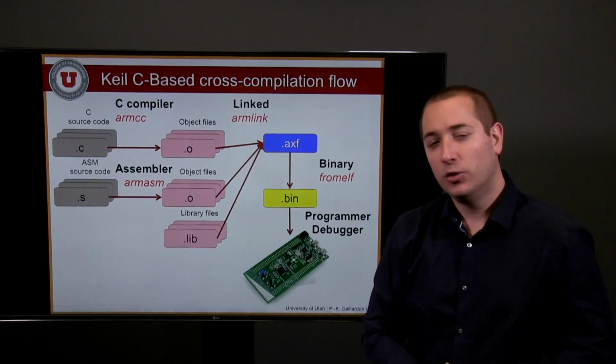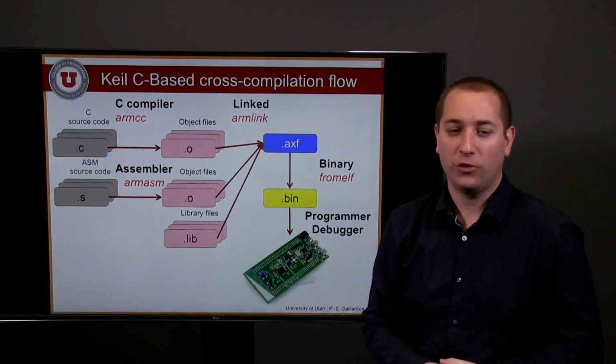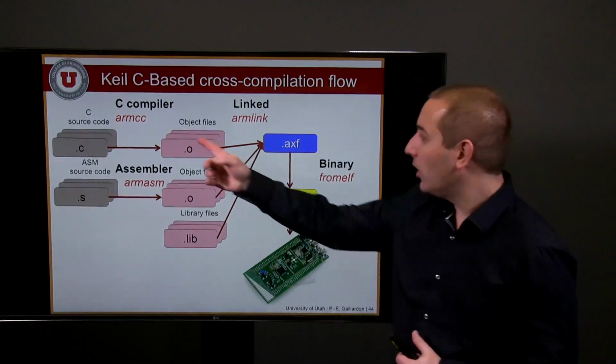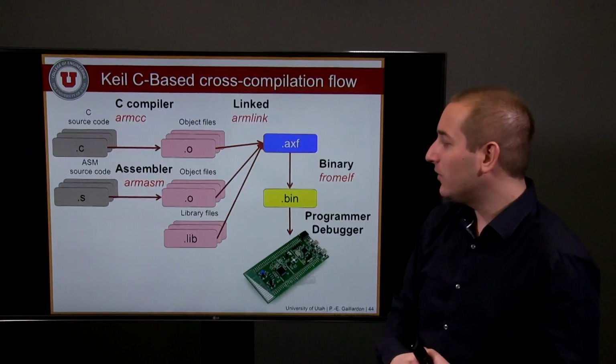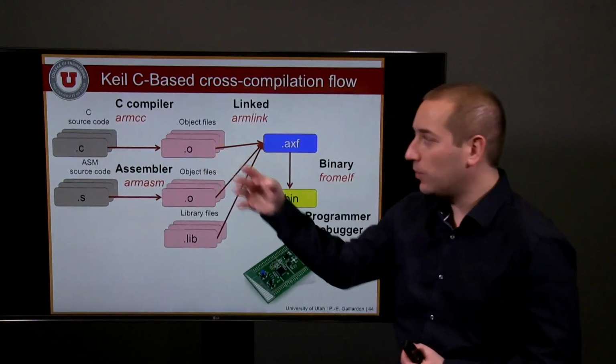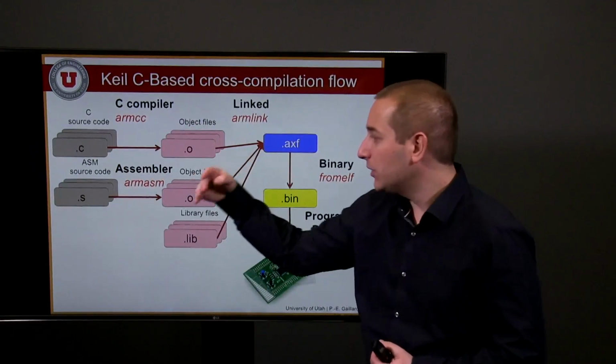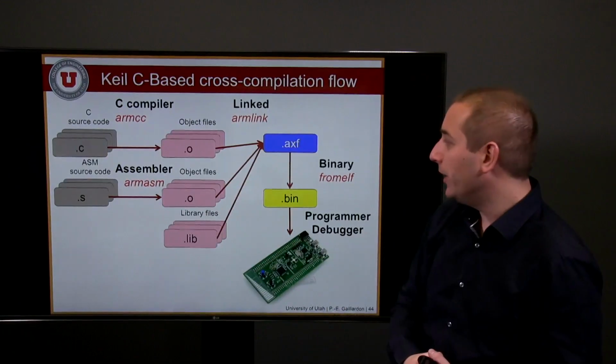In this class, we're using the Keil C-based cross-compilation flow that contains the ARMCC and ARMASM in order to transform C code into object files, or assembler code into object files.